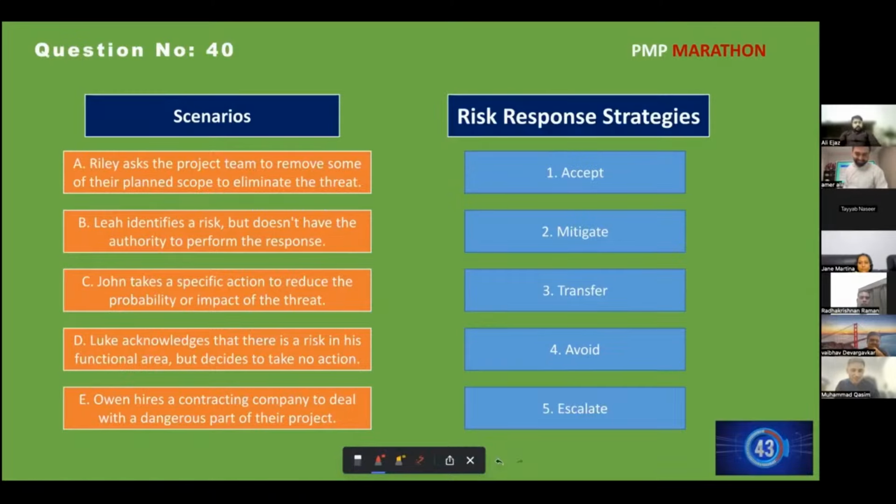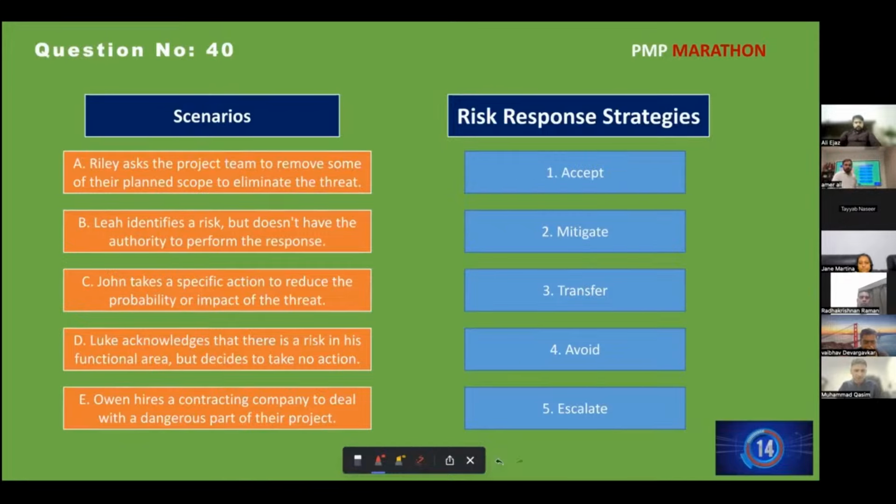Okay. We have scenarios and risk response strategies. A, Ravi asks the project team to remove some of their planned scope to eliminate the threat. Mitigate could be the option. Okay, we will see next. Lee identifies a risk but doesn't have the authority to perform the response.